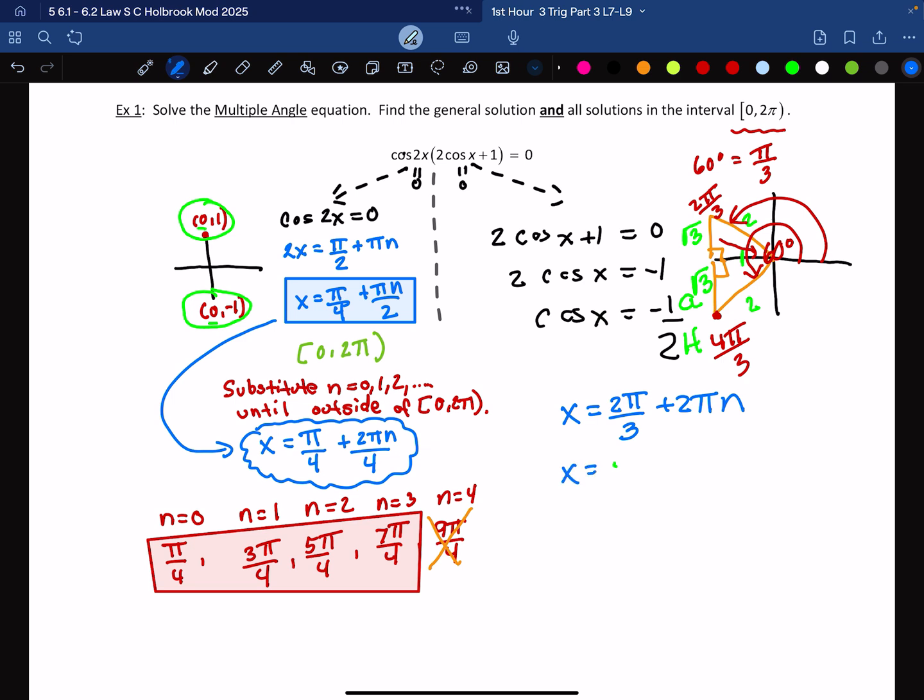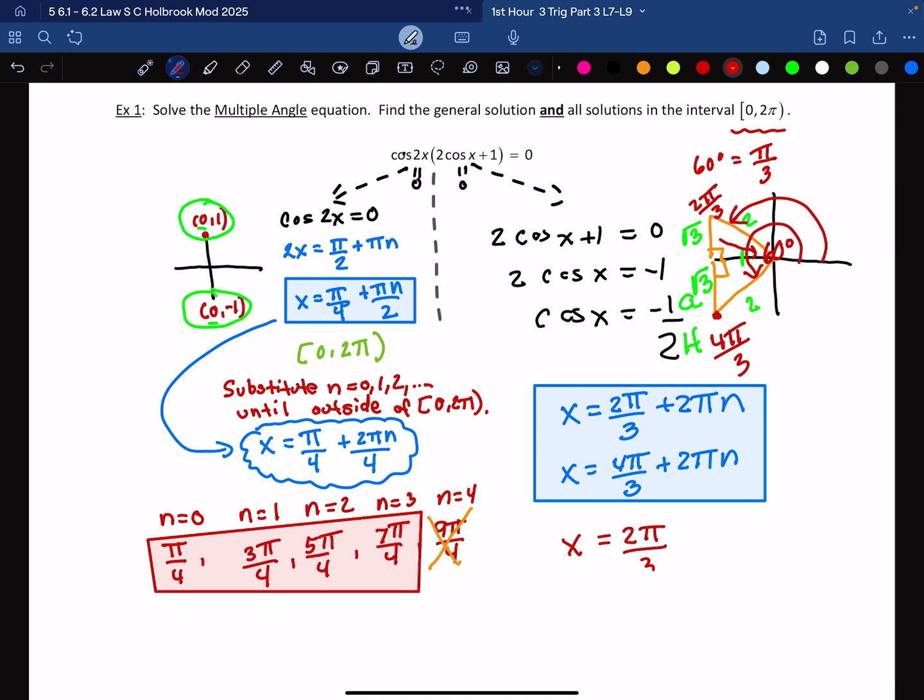And the next general solution is 4 pi over 3 plus 2 pi times n. And there you have all possible solutions to infinity. That will give you the cosine equal to negative 1/2 for that angle. For just one cycle, you would have x equal to 2 pi over 3 and x equal to 4 pi over 3.